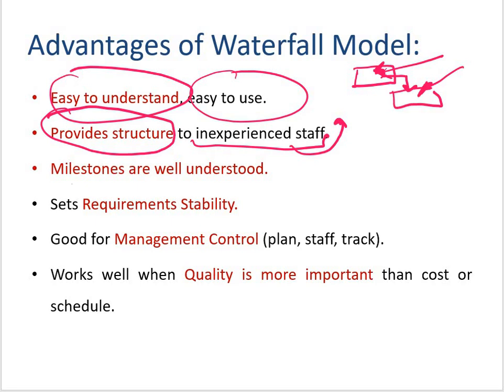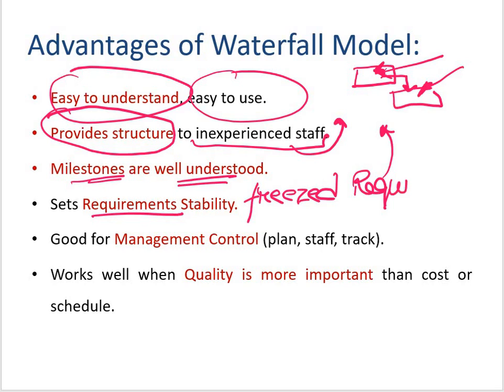And in this one, your milestones are well understood. I know when to start, when to stop, and when to move to the next phase. Since I cannot move back to the previous stage, I need to have frozen requirements. My requirements should not be dynamic and keep on changing.